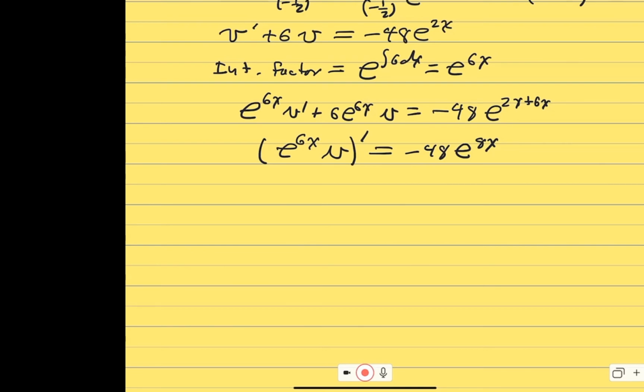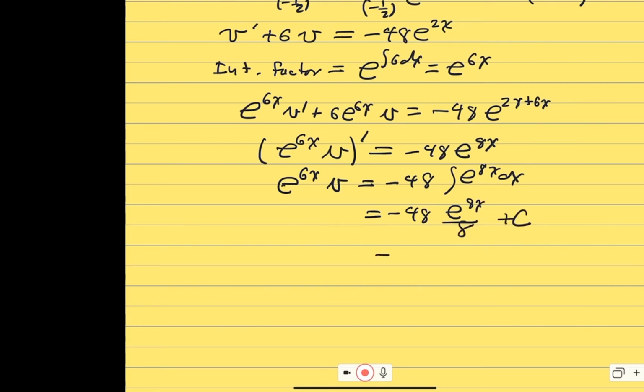Okay, since this is a derivative, I can get rid of the derivative by just integrating. e to the 6x v is minus 48 integral e to the 8x dx. That's minus 48 times e to the 8x over 8 plus a constant of integration.